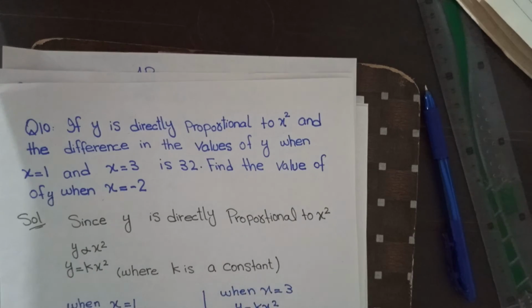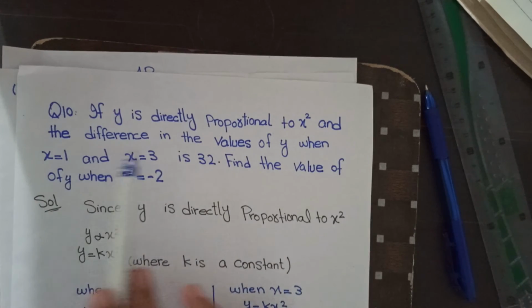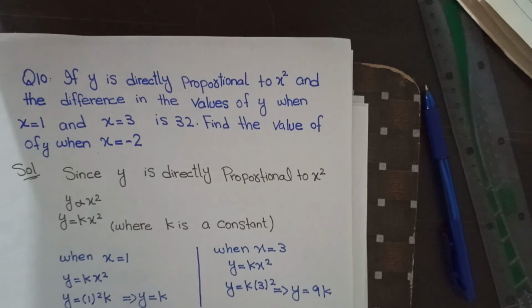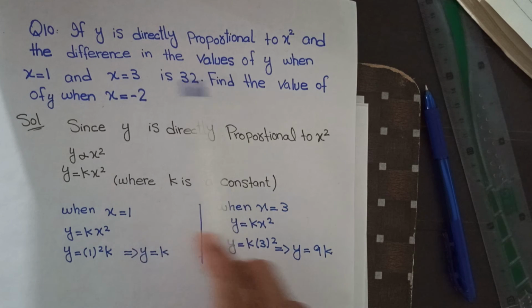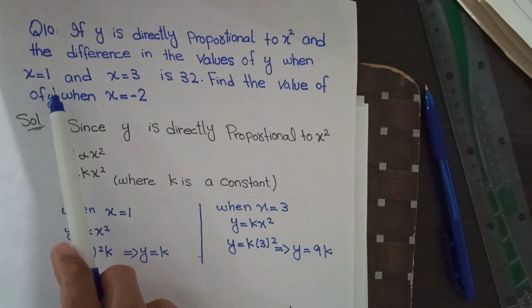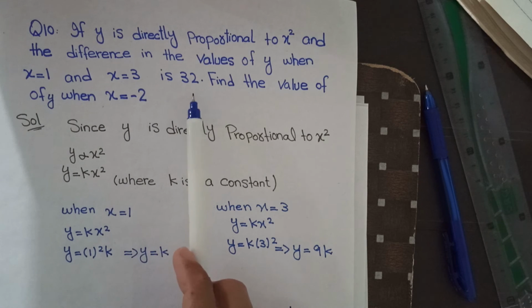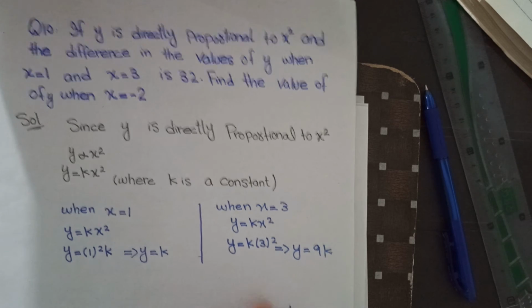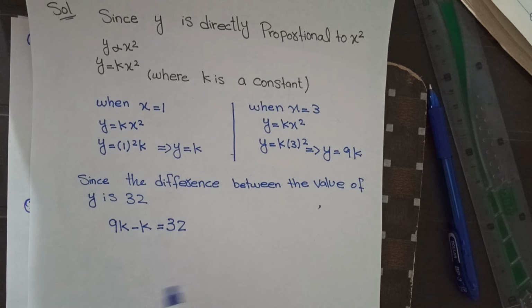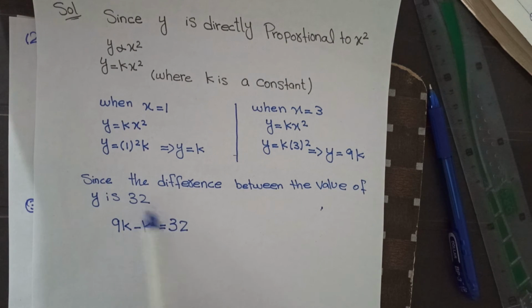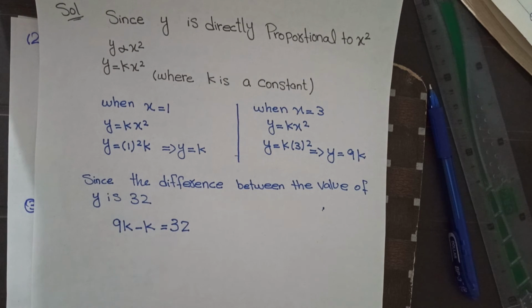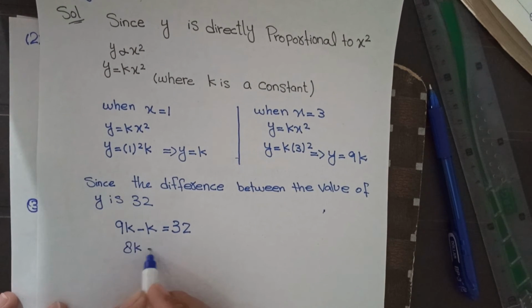Now here the question is the difference in the value of y, meaning y is equal to k and y is equal to 9k. The difference in the value of y when x is equal to 1 and x is equal to 3 is 32. Since the difference between the values of y is 32, 9k minus k, difference meaning minus, is equal to 32. 9k minus k will be 8k is equal to 32.